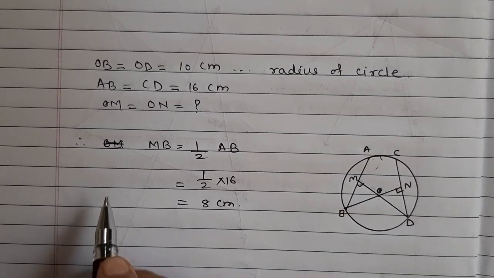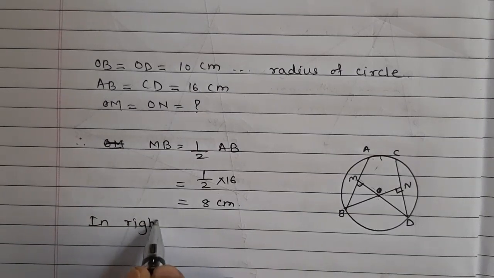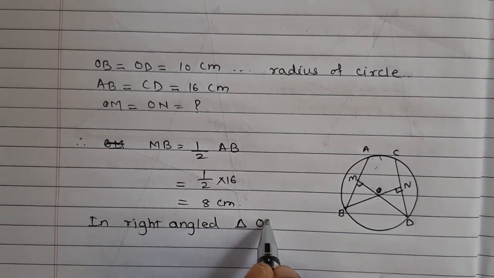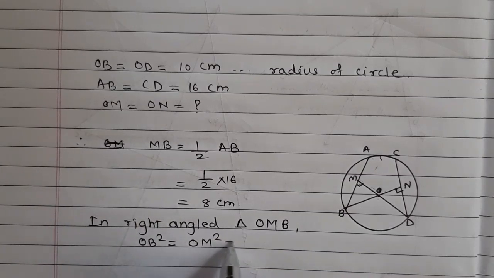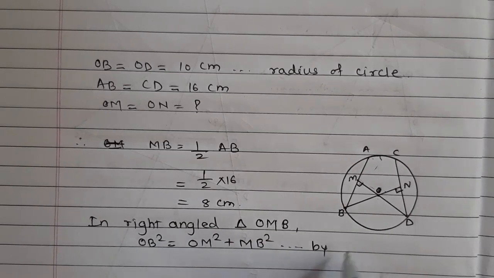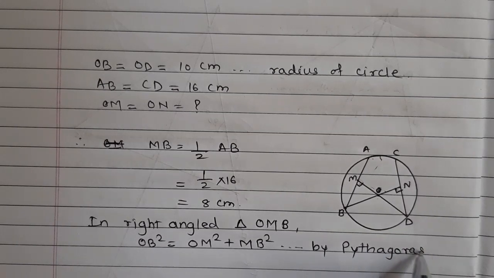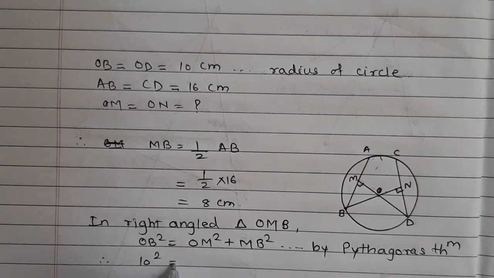Now, if you observe, OM is perpendicular to AB, that means OMB is a right angle triangle. So in right angle triangle OMB, OB square equals OM square plus MB square, by Pythagoras theorem. OB is the radius of the circle, given as 10 cm, so 10 square.